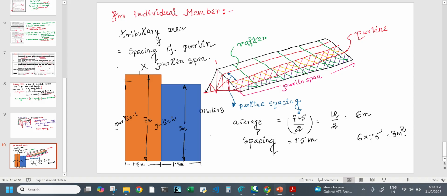For the spacing of purlins, we can take a plan view, and suppose this purlin is 7 meter and this purlin is 5 meter.